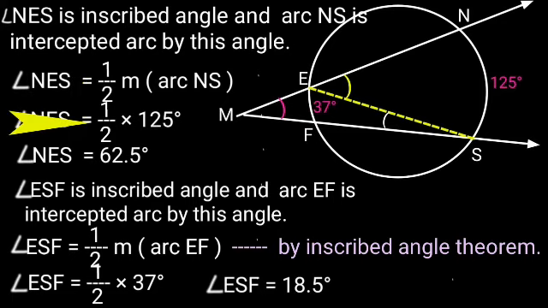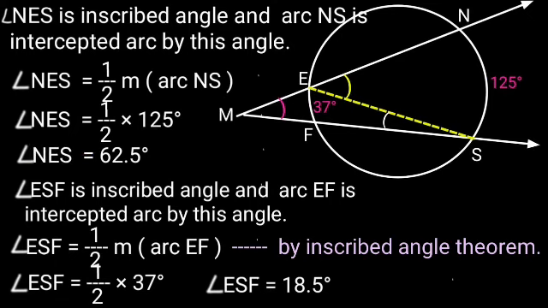Substituting the value of arc NS, angle NES is equal to 1/2 into 125 degrees, that is 62.5 degrees.